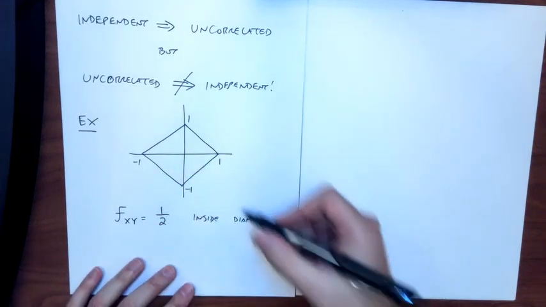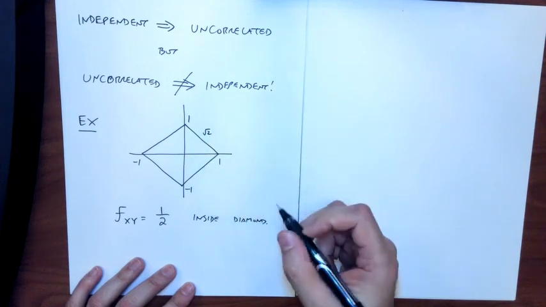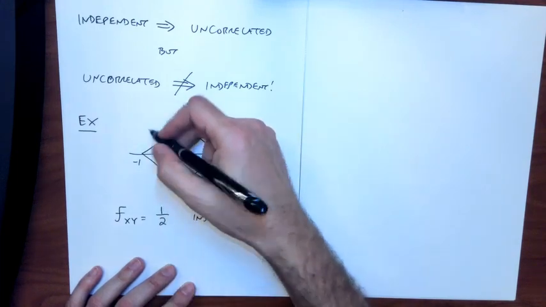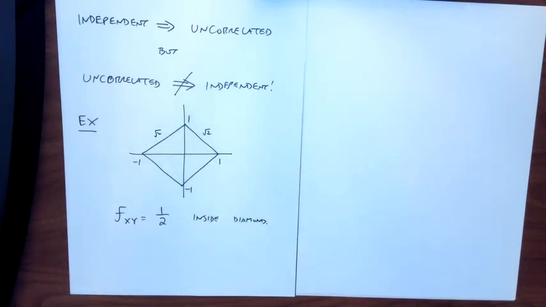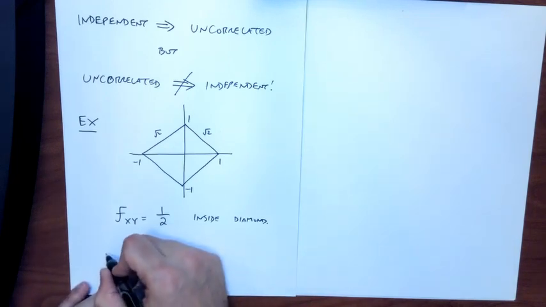Why does that make sense? Well, this line is square root of 2, this line is square root of 2, so the area of the square is 2. That means I have to have the PDF equal to 1/2 to make sure that everything integrates to 1. So let's compute the covariance of x and y here.